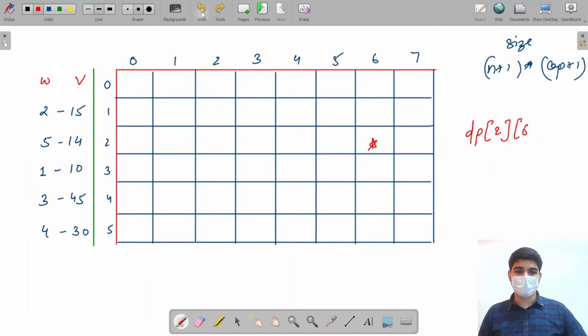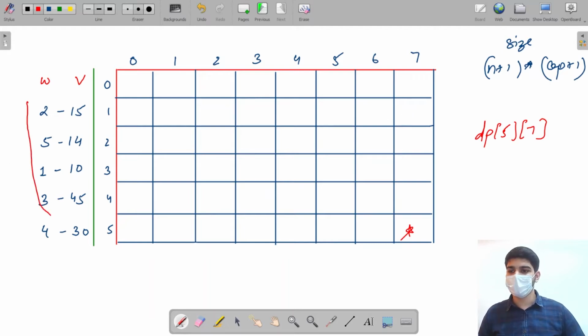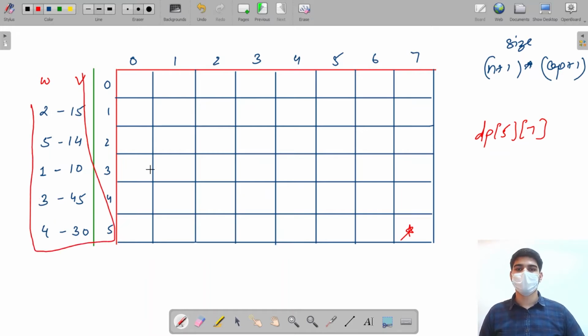If I take another example, let's suppose this, right? This is DP of 5, 7. What does this mean? This means by using 5 of the items that we have, that means all of these items, and with the capacity of 7, what is the maximum value that I can generate?